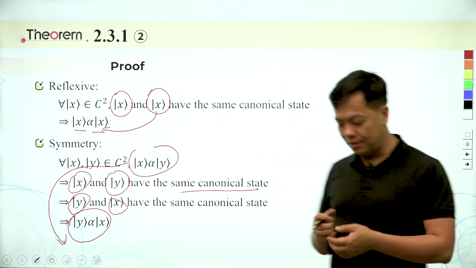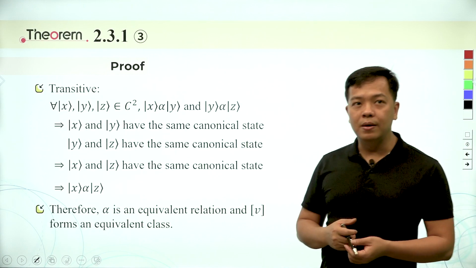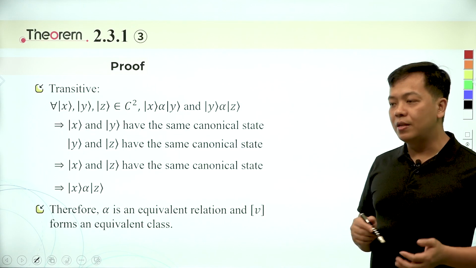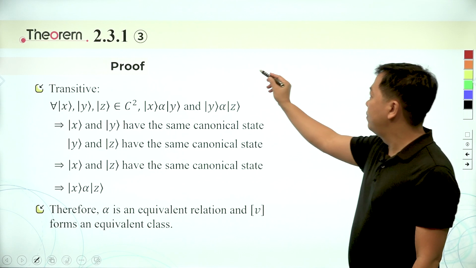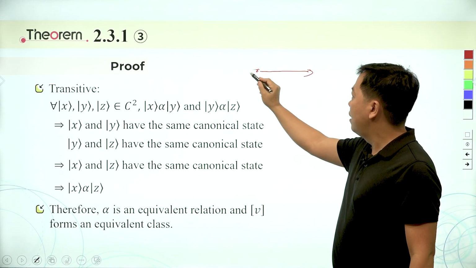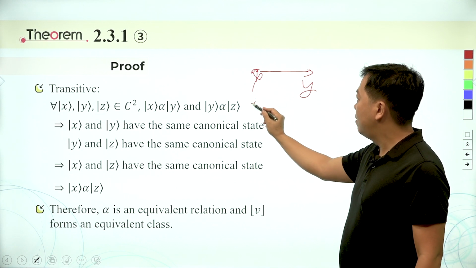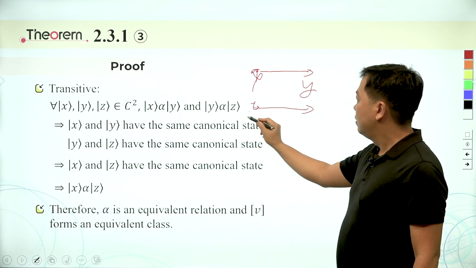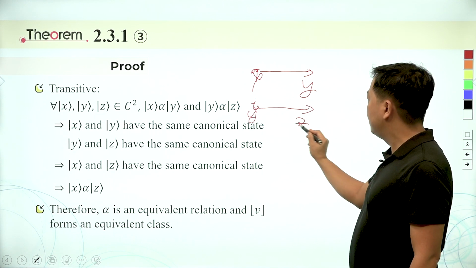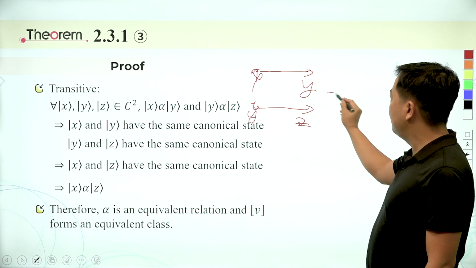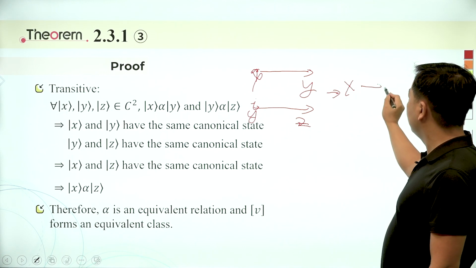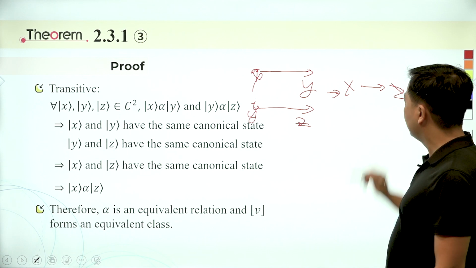The next one is how we go from x and y, and from y and z, to x and z.